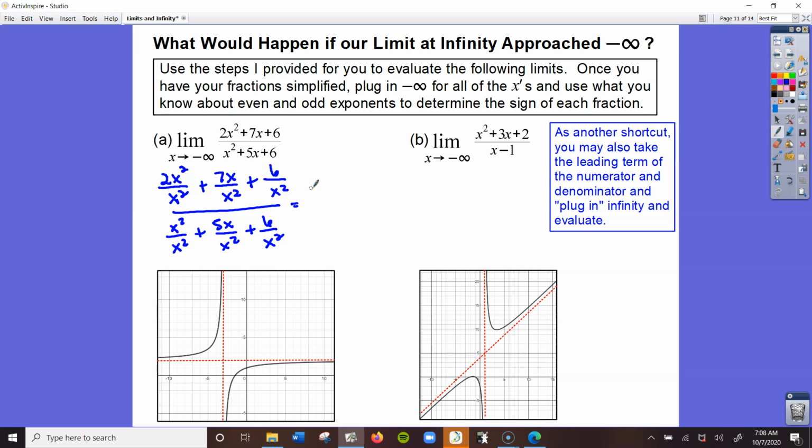If you simplify this, you get 2 plus 7 over x plus 6 over x squared, all over 1 plus 5 over x plus 6 over x squared.